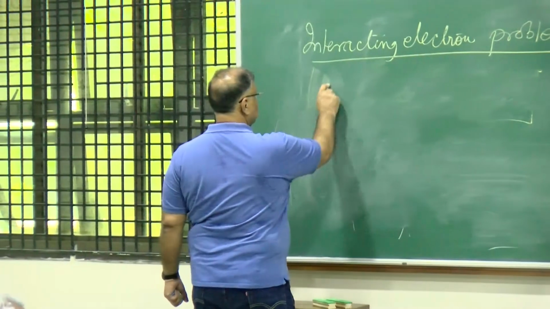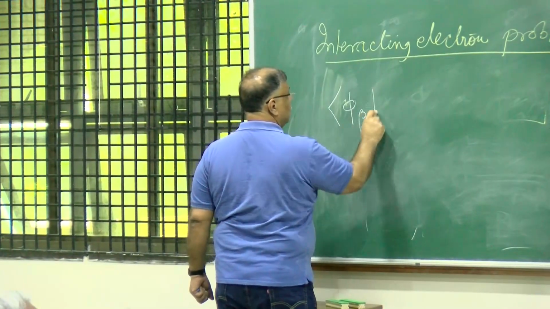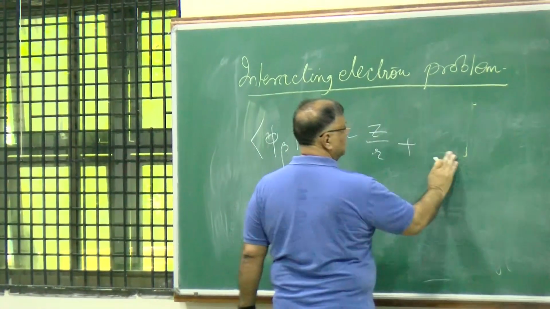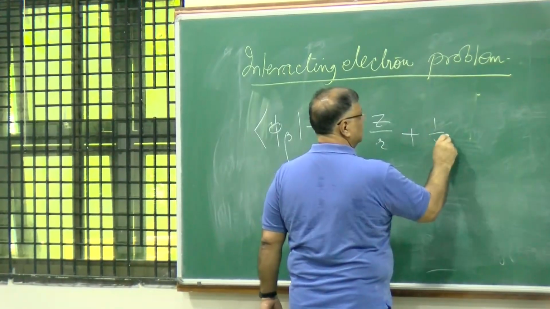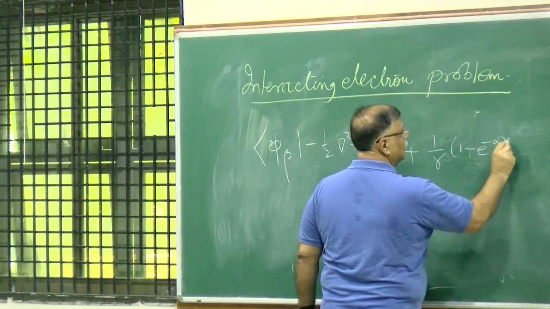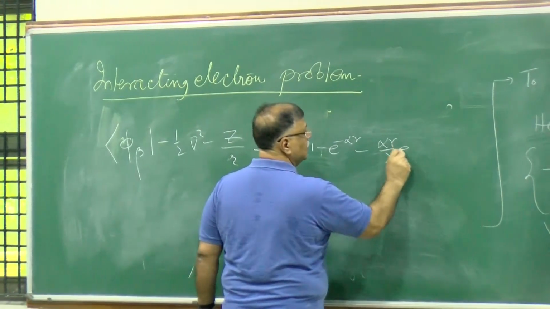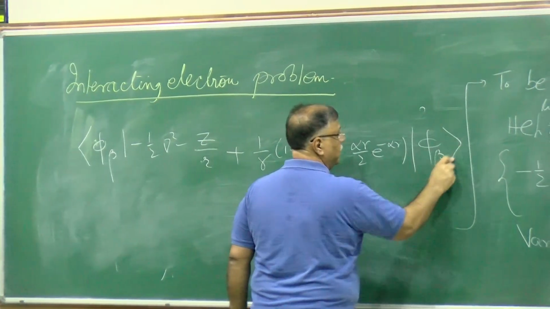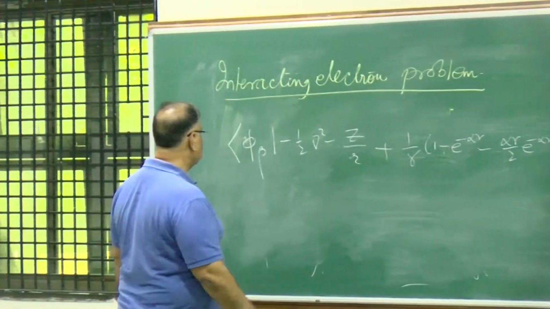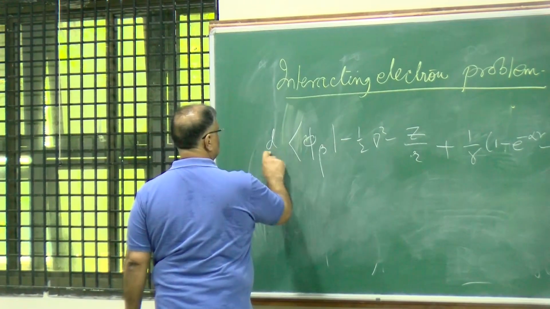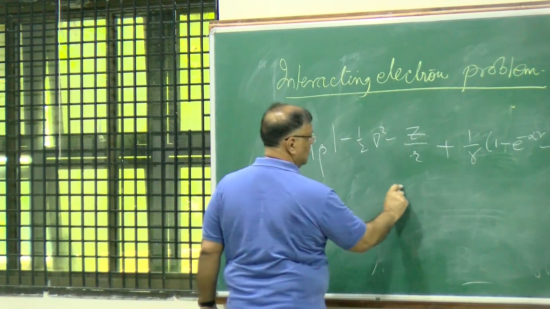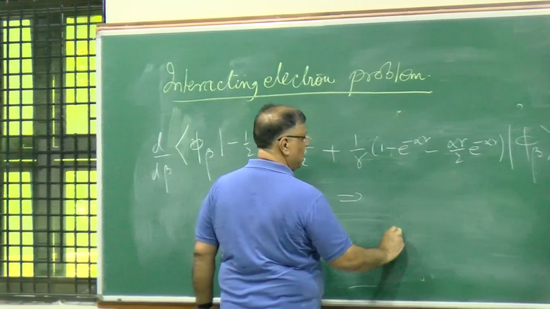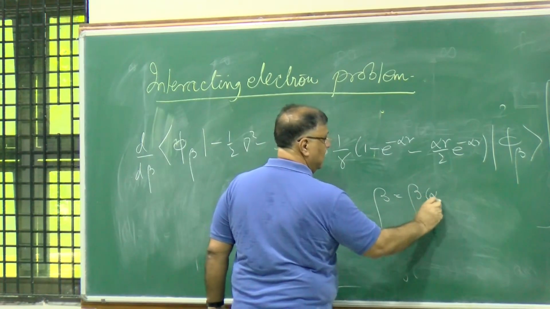Then you calculate the expectation value with this phi beta: minus 1/2 del square minus z over r plus 1 minus e raised to minus alpha r minus alpha r by 2 e raised to minus alpha r, phi beta. Calculate this, and this will give you beta in terms of alpha.